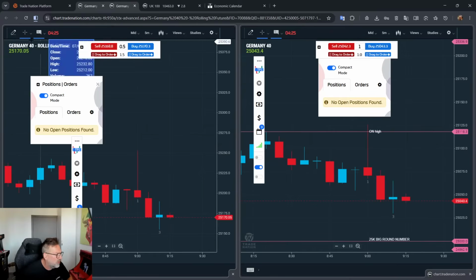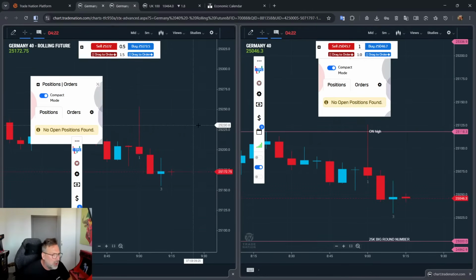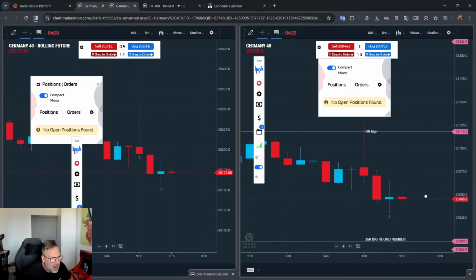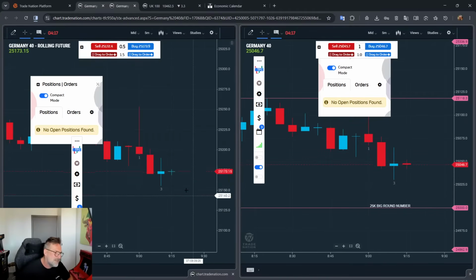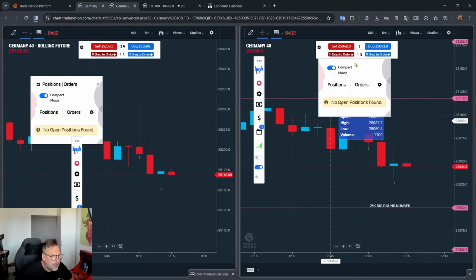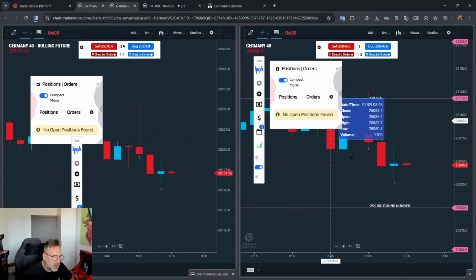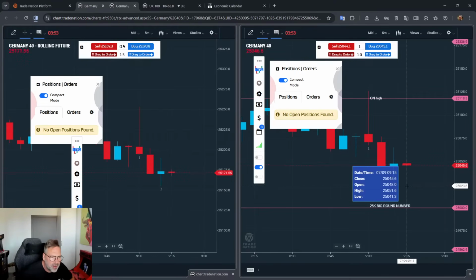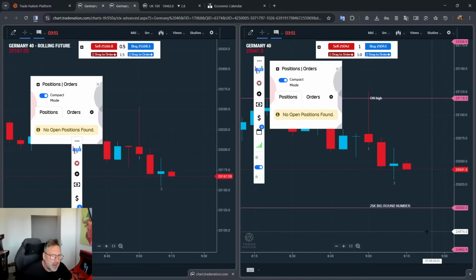So the big round number on my CFD chart is not the big round number on the futures chart. However, if you look at the prices, the high and the low, and the close price that are officially announced by Deutsche Börse, they represent the cash market. So in that sense, cash is king.